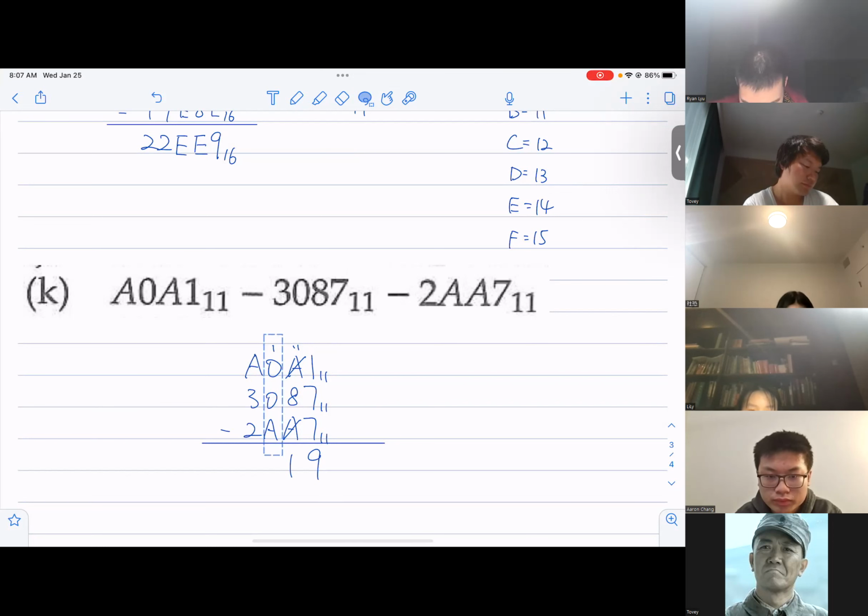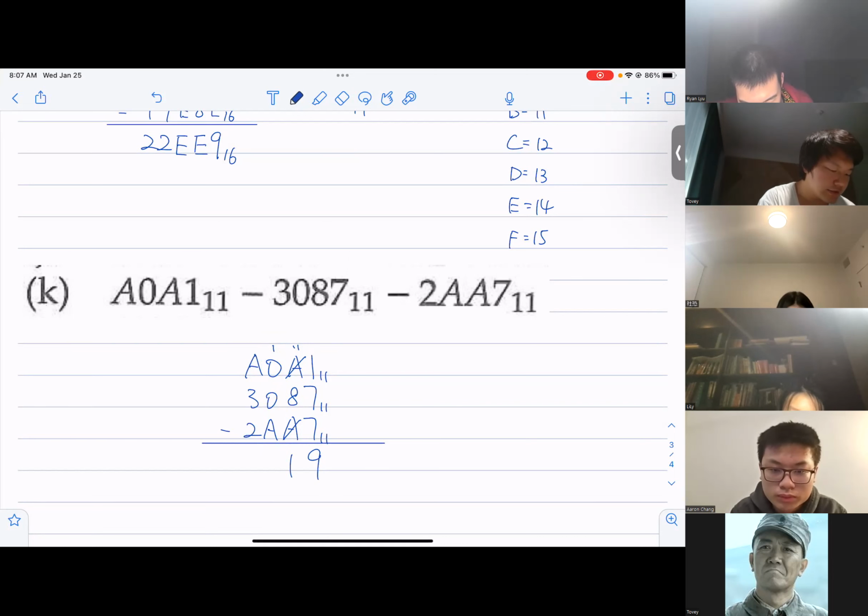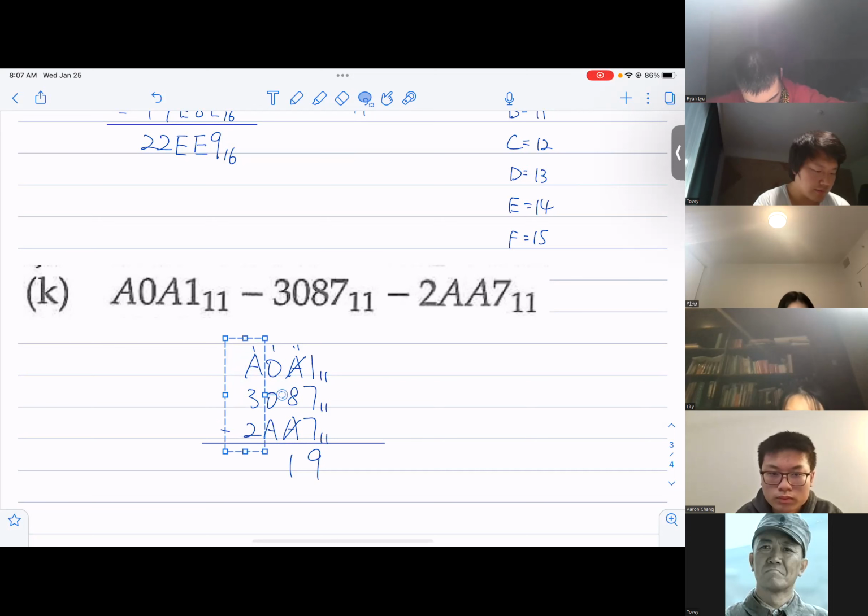Negative 1 minus a. So that means how many should we borrow from the next digit? If we borrow 1 number here, does it work? You borrow 1, then you're borrowing 11, right? 11 minus a, you get... what is a?